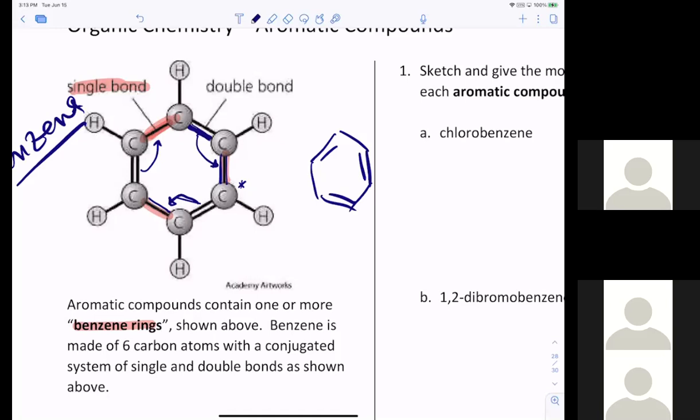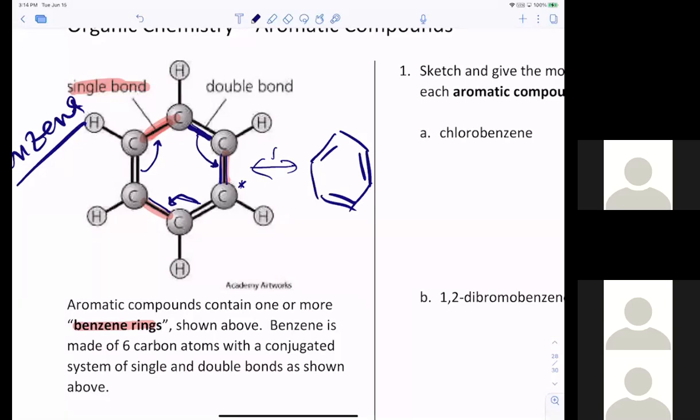bond. The problem with that picture is that if you imagine actually taking a picture of the molecule, even if the electrons are moving around the ring like I've kind of suggested, wouldn't your picture have to show one of these 2 things, right? Your picture would show single, double, single, double.